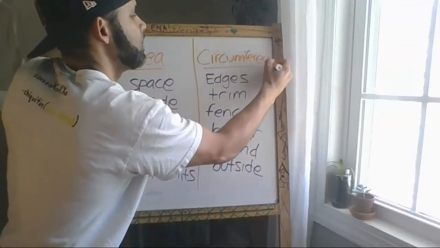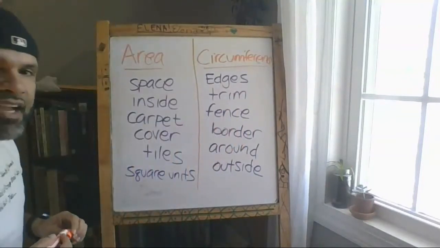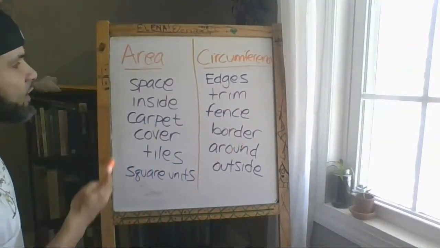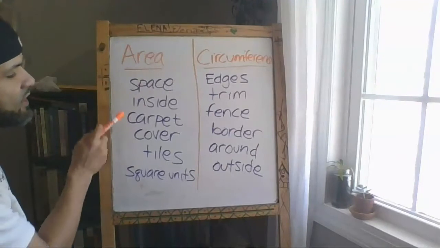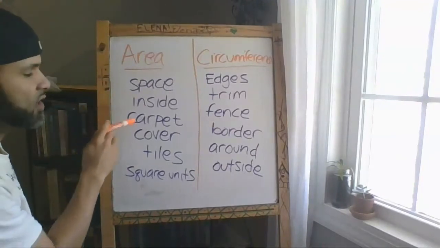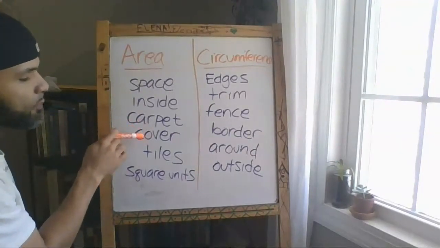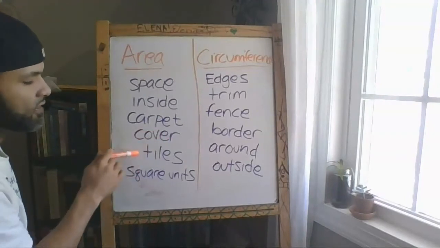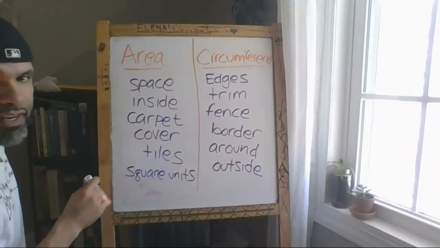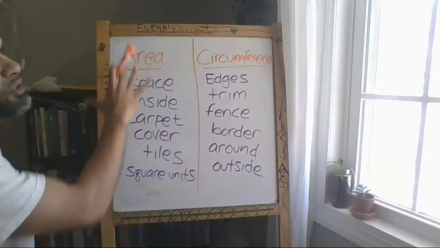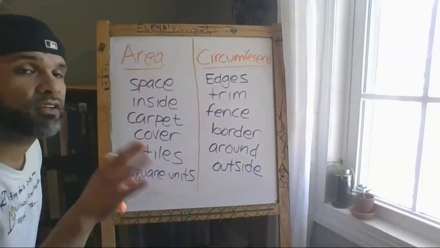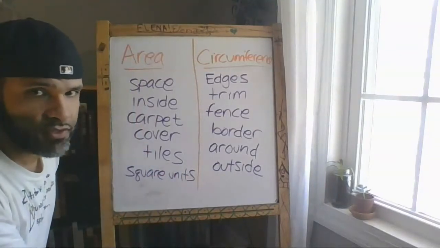You might want to write these down in your notes. If it says space inside, carpet, if you're calculating carpet, cover, covering something, tiles, square units, those are things that tell you, okay, I need to calculate the area of this circle.